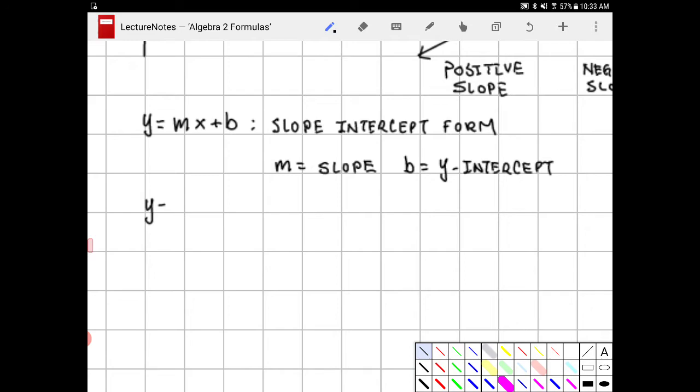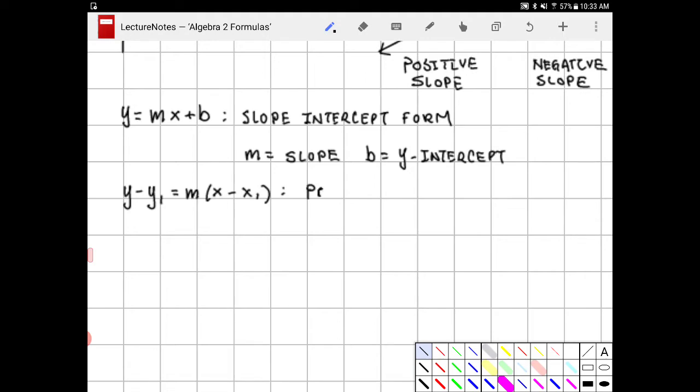The second way of writing the equation of a line looks like this. And this is point-slope form of a line.